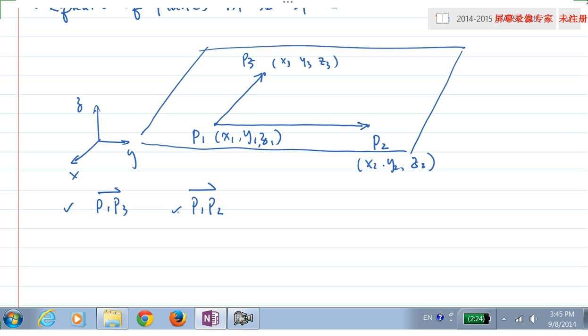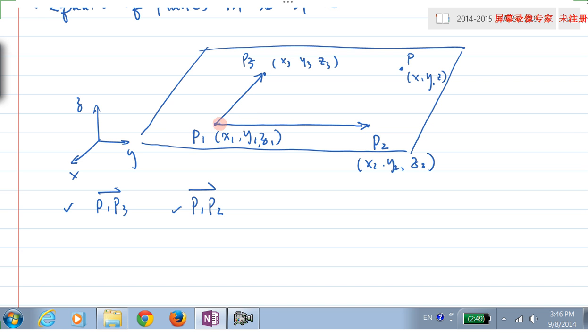Now, talking about an equation, we're going to need general variables. This is 3D space, so let's say we have another point P on this plane. We don't know where it is, but we call it (x, y, z).